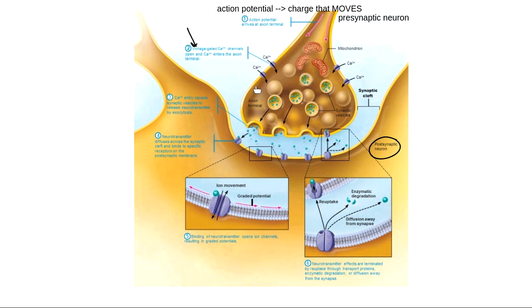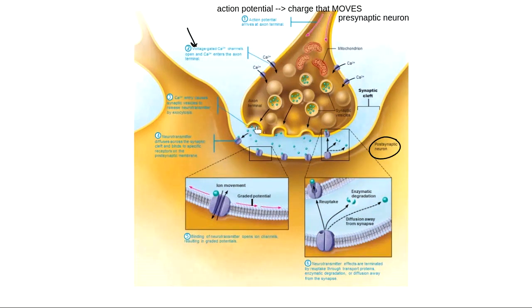Because think about this, when we were talking about voltage-gated calcium channels, we said their function was to bring in calcium, and the job of calcium is to make us spit out neurotransmitters. The only place a neuron spits out neurotransmitters is at the axon terminal, at the very end of the line here.